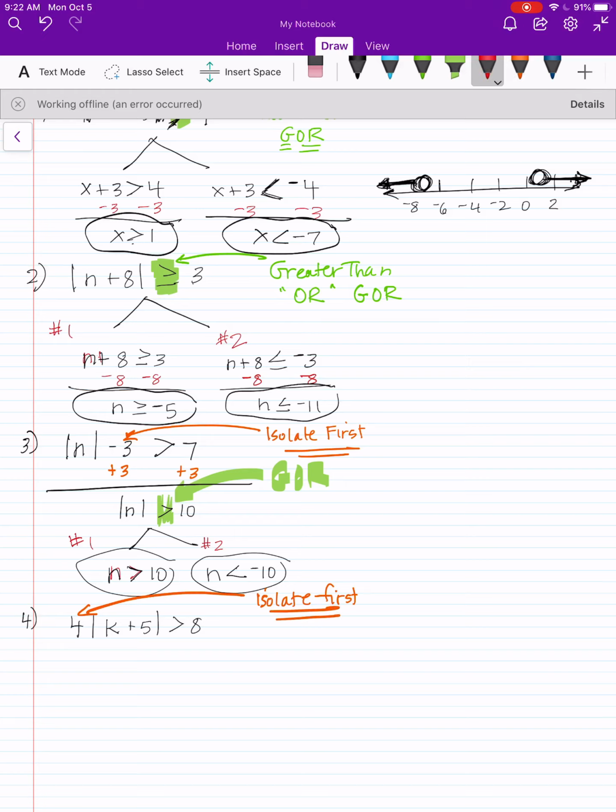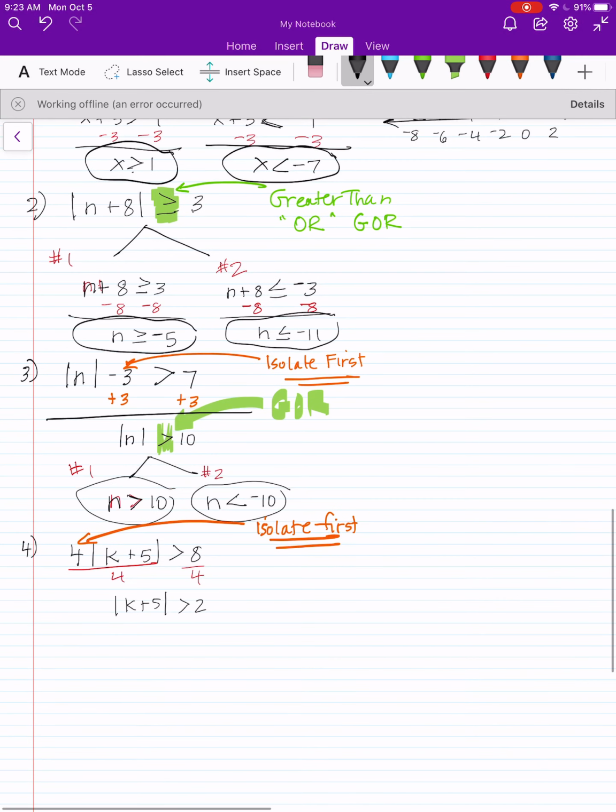So to isolate first, I'm going to divide by 4 on both sides. So that leaves me with the absolute value of k plus 5, which is greater than 8 divided by 4, which is 2. So now, again, it's isolated. It's a greater than, which means it's going to be a GOR.